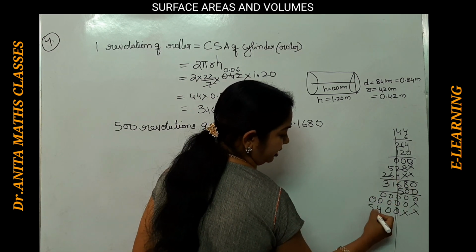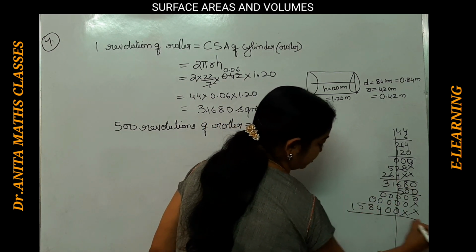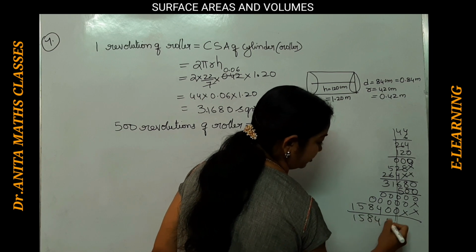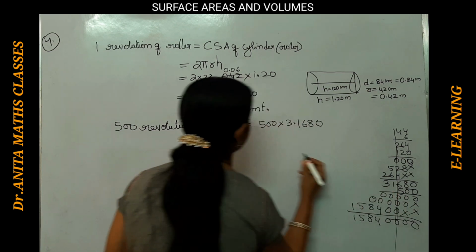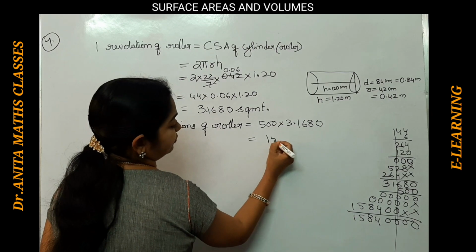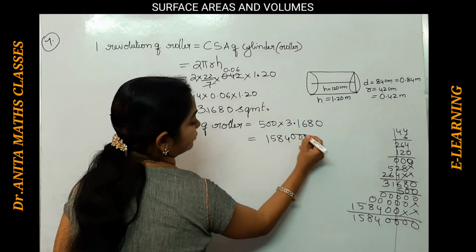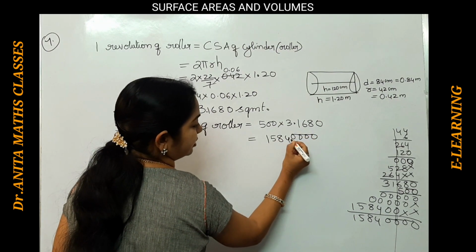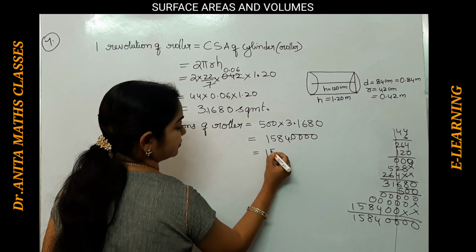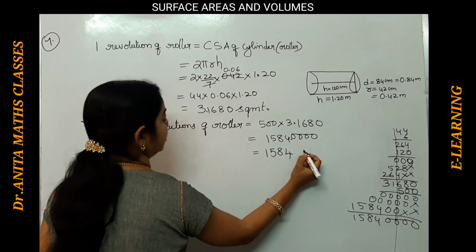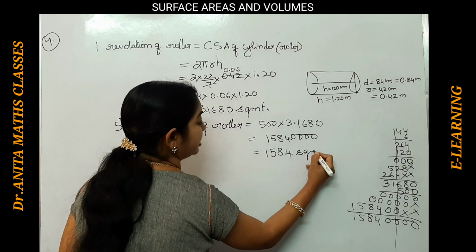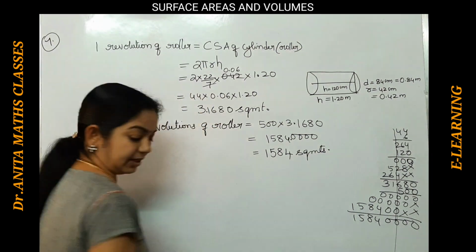This comes to 1584 followed by 4 zeros, but the decimal point comes after 4 digits, so the entire playground is 1584 square meters.